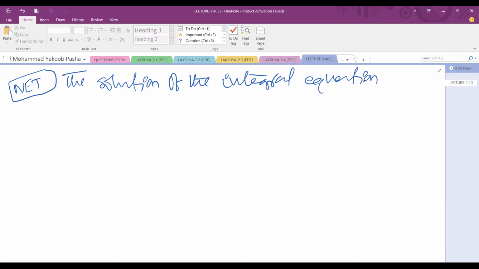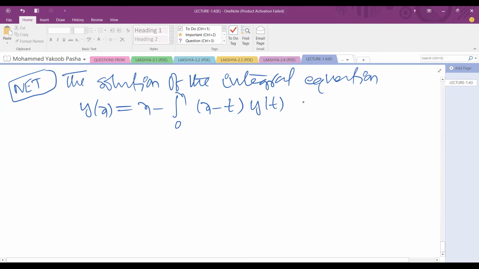Okay, 2 more classes are required. The solution of the integral equation, a very simple and easy topic: y of x is equal to x minus integral 0 to x of x minus t into y of t dt, is.